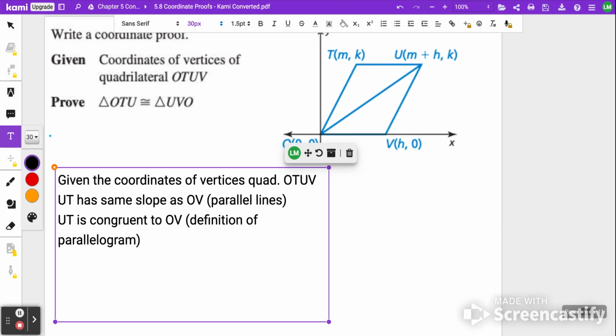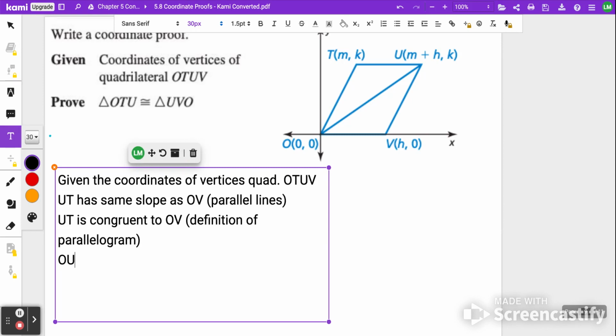Okay, I know that UT is congruent to OV because all I'm doing is just adding plus H to letter U, where I can still start with letter M, and H is still 0, comma, or V is still at point H. V is at coordinate H, comma, 0.